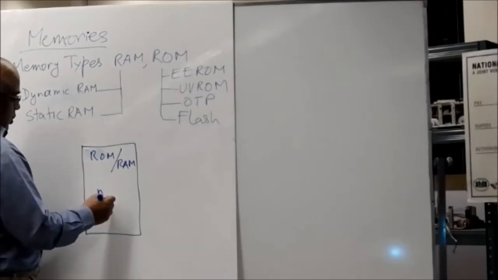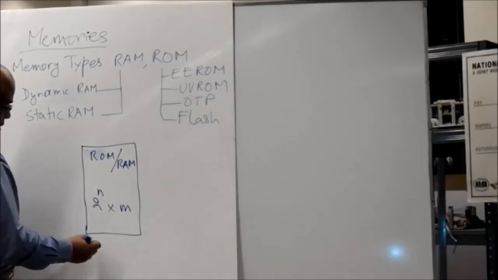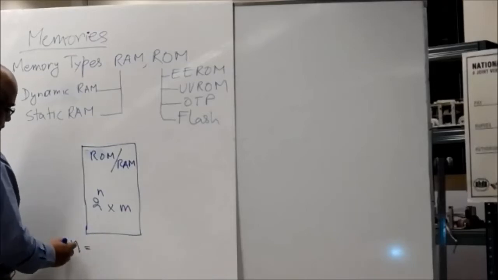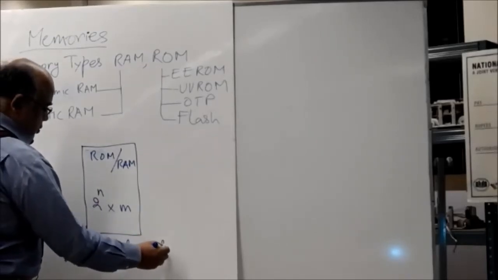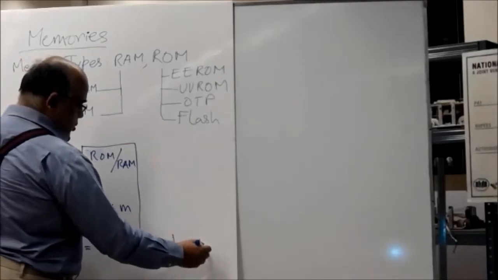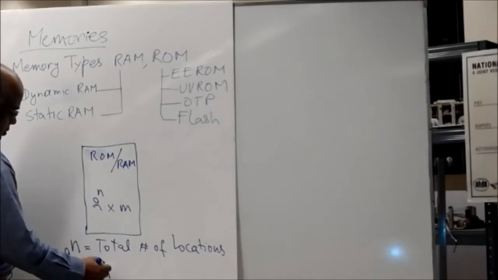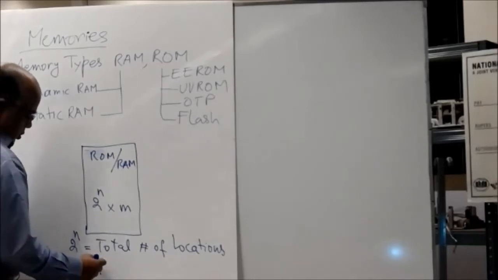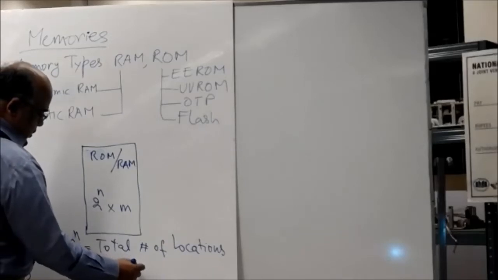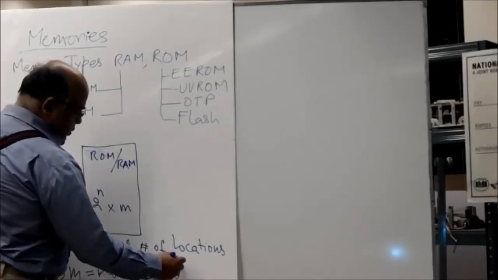Size of RAM is 2 raised to the power n multiplied by m, where 2 raised to the power n is the total number of locations, and m is the data stored at each location.